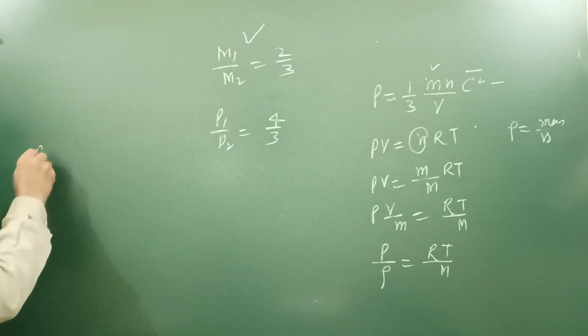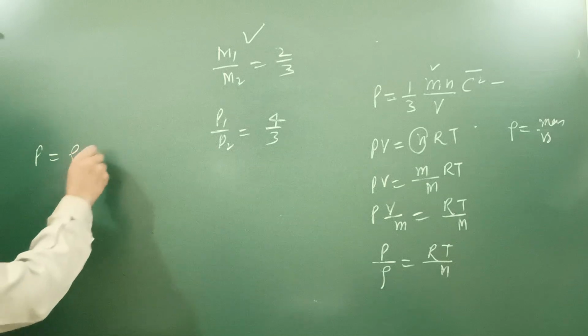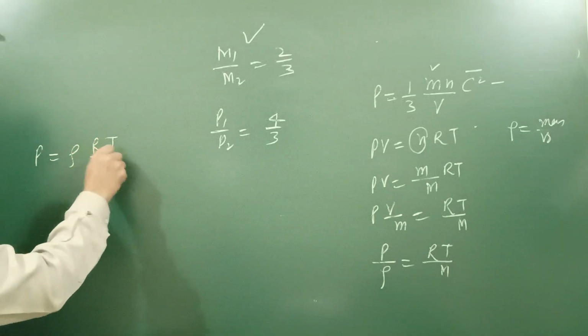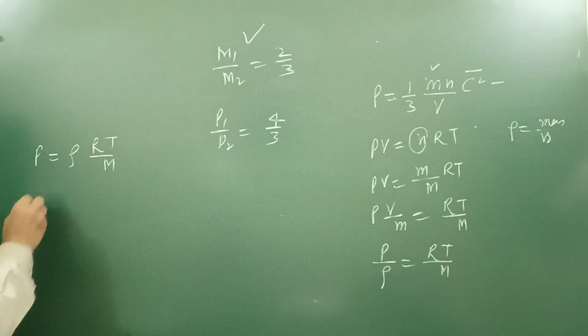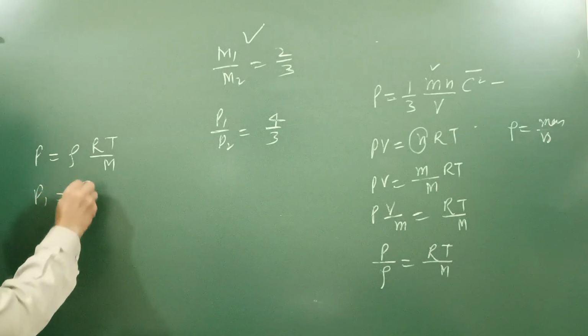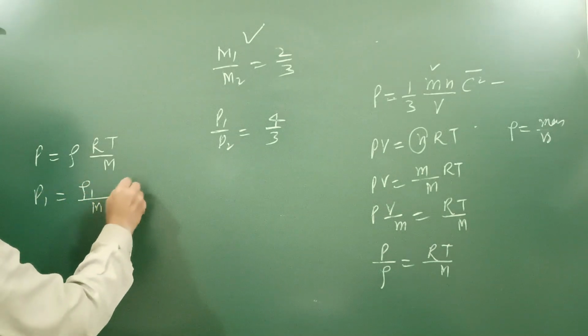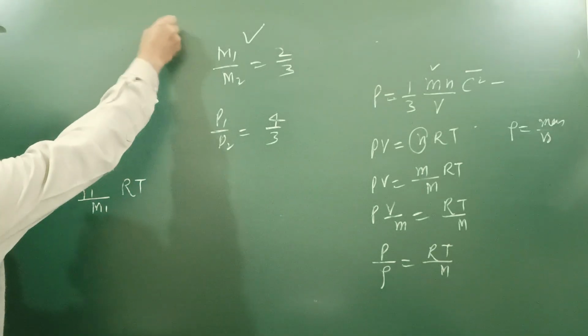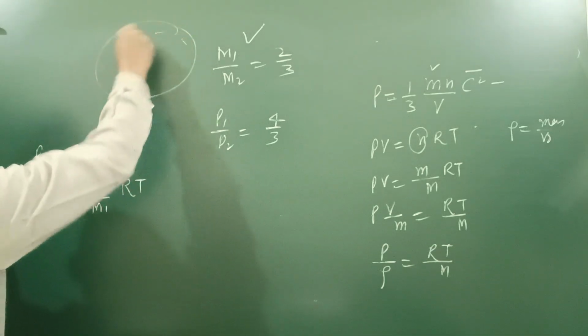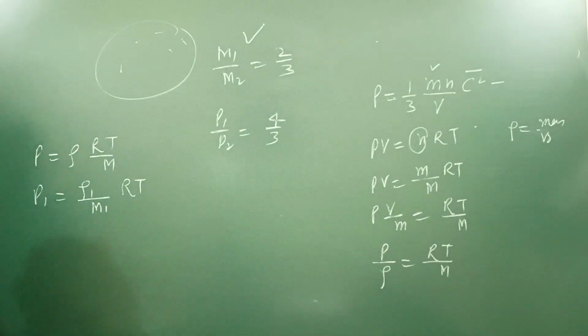So you can write P equal to rho RT upon M. P1 is equal to rho1 upon M1 RT. The two gases are at the same temperature in the same container.